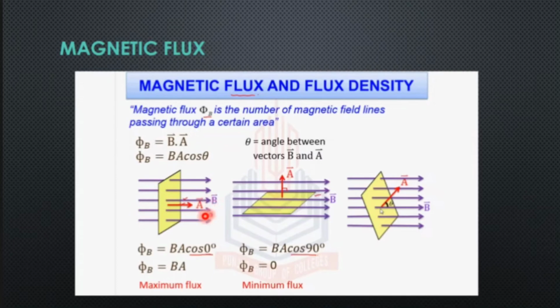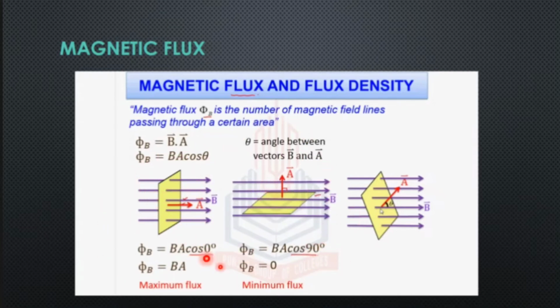When you substitute 0 as the angle in this equation, you will get BA cos 0 degrees, and cos 0 is 1. Hence the equation becomes magnetic flux equals magnetic field times area. So this formula gives the maximum flux in any situation.